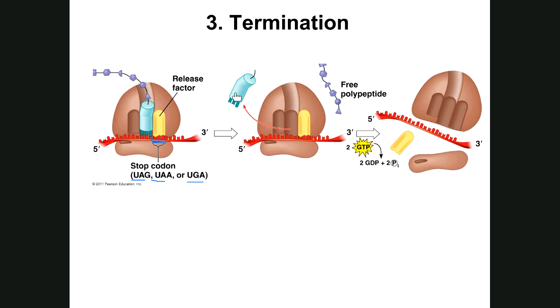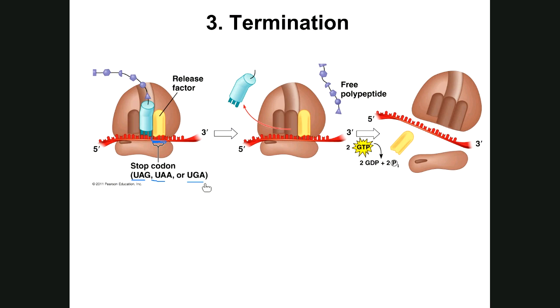In a eukaryotic cell, and even in a prokaryotic cell, there are no tRNAs that have an anticodon that complements an mRNA stop codon.